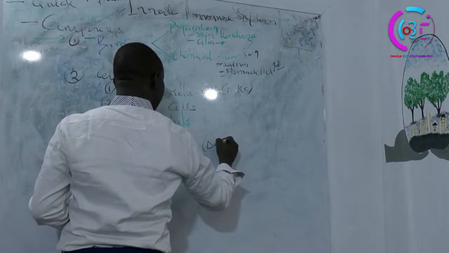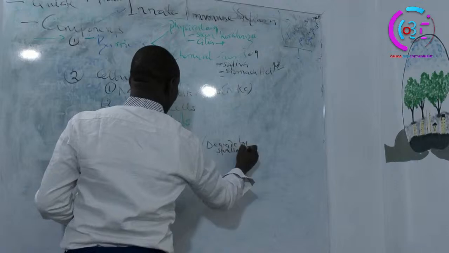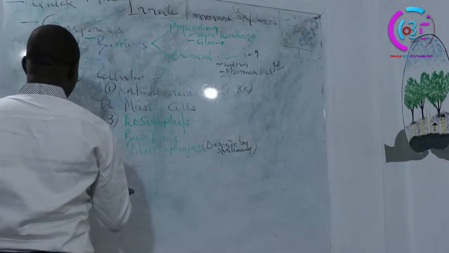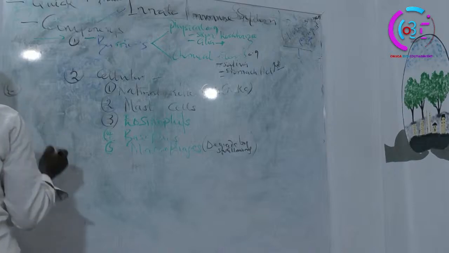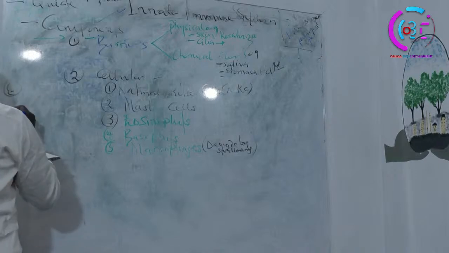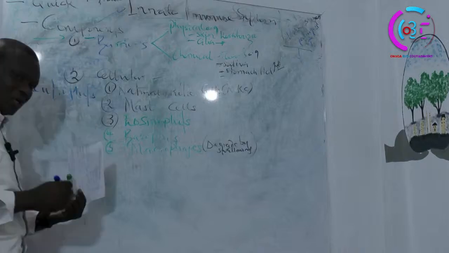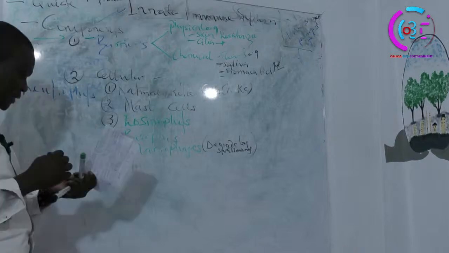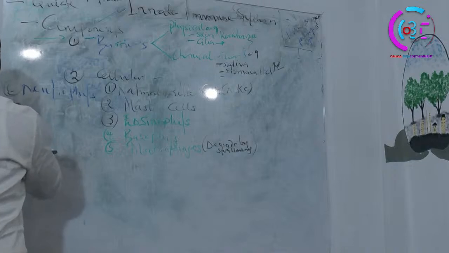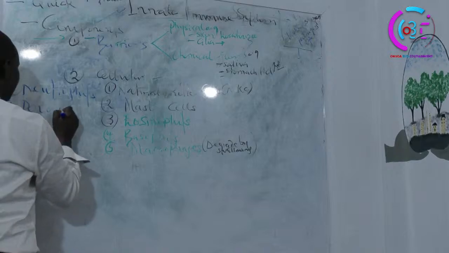Swallowing is what is called a phagocytic mechanism. After macrophages, the 6th one we are also going to talk about is neutrophils, like leukocytes and others. We are going to look at that. Then the 7th one is we are going to consider dendritic cells.